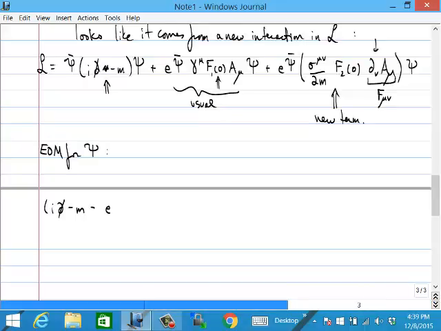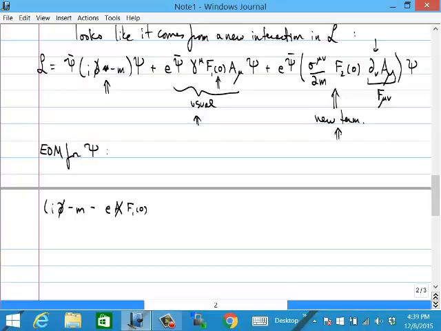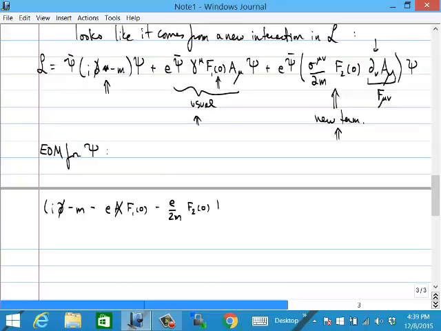So we have an e A-slash F1 of 0 coming from this term here. And then we just get this term giving you a contribution that's e over 2m F2 of 0 F mu nu sigma mu nu, all acting on psi, is equal to 0.